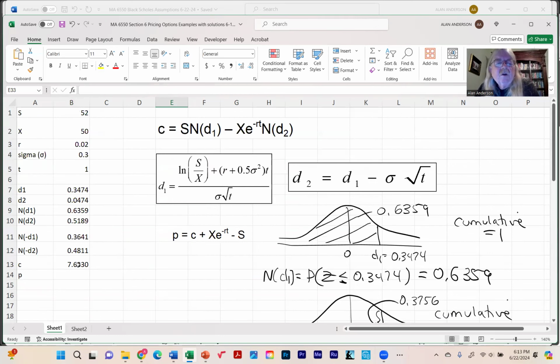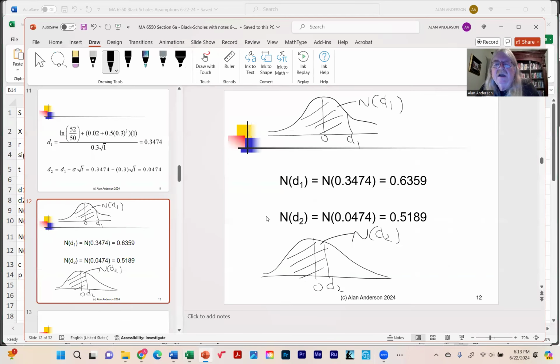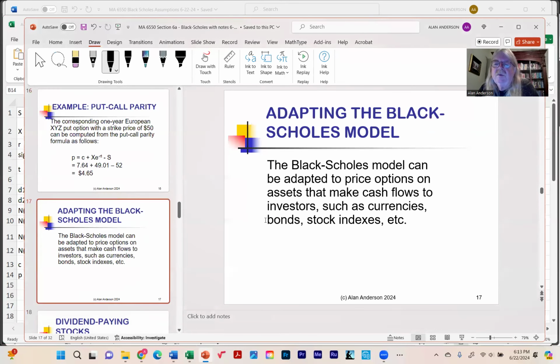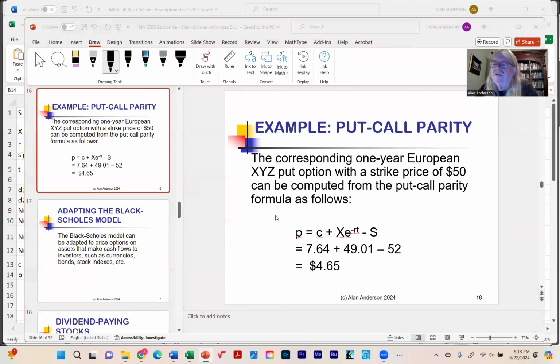Okay, now put call parity. Now we haven't really discussed it yet, but since the formula is sitting right here, why don't we just go ahead and fill it in? We'll get to that in a bit. We want to explain what it is. Here's the formula. We want to understand how and why it works.